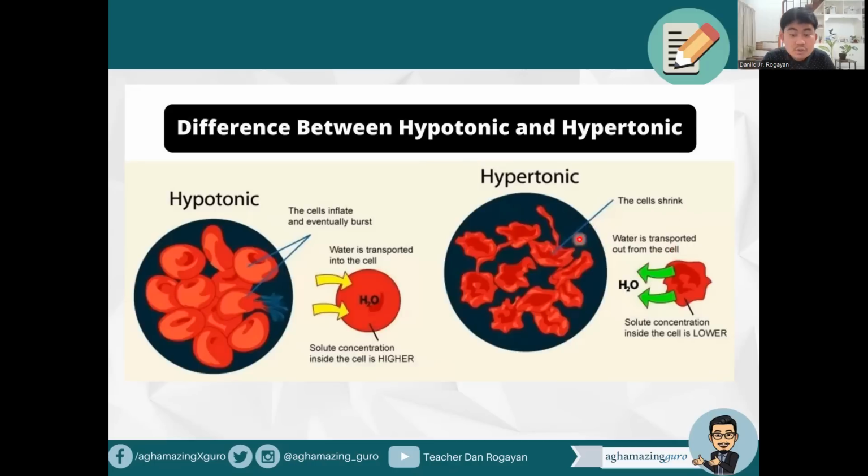While the cells shrink or shrivel, water is transported out from the cell and solid concentration inside the cell is low. Okay? What type of cell is being shown in the figure? Anong klaseng cell yan? That is correct. Erythrocytes or red blood cell. Anong mas marami dapat? Red blood cell or white blood cell?